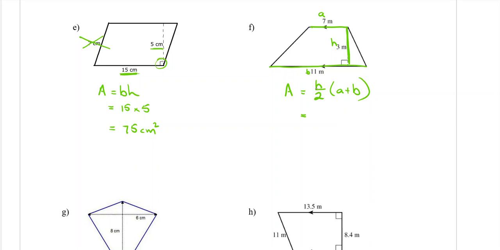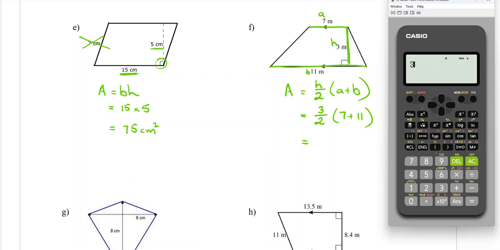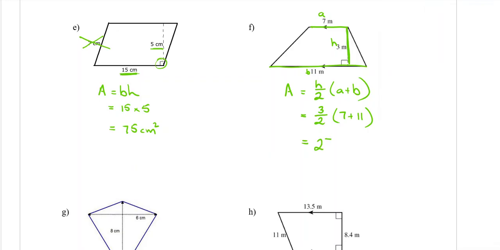Let's sub it in. H is 3 over 2 bracket A is 7 plus B, which is 11, close bracket. Then we're going to put that in our calculator. 3 over 2 times the bracket 7 plus 11 is 27 meters squared.